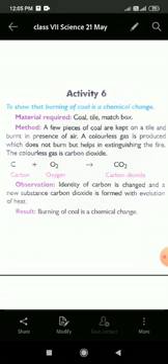The colorless gas is carbon dioxide. The observation is that the identity of carbon is changed and a new substance, carbon dioxide, is formed with evolution of heat. So from this we conclude that burning of coal is a chemical change.